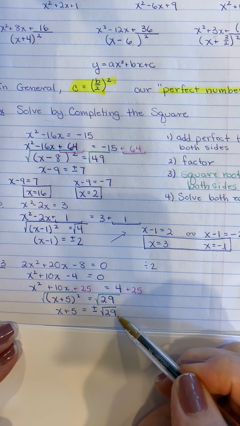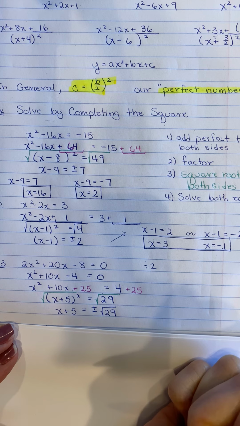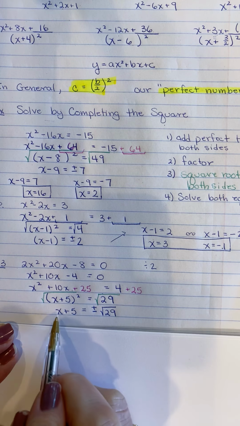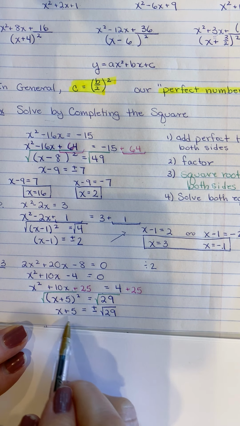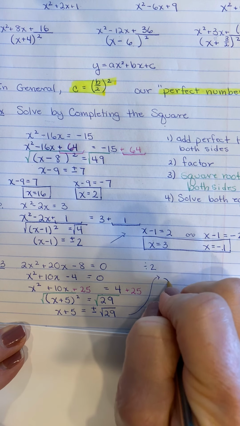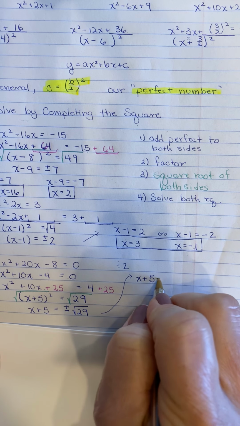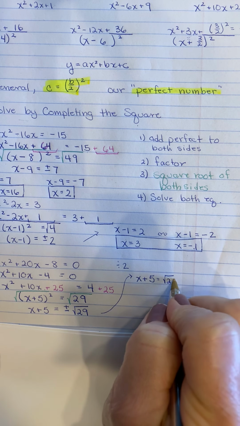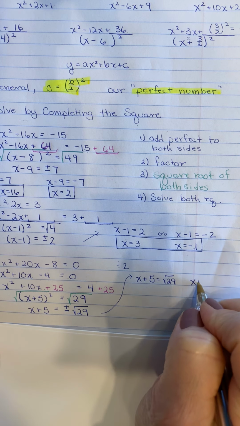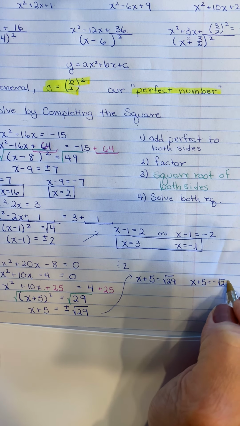Since the square root of 29 is an irrational number, I'm going to leave it just like that. We still can solve this both ways. Let me write it up here: x plus 5 is equal to the square root of 29, or x plus 5 is equal to the negative square root of 29.